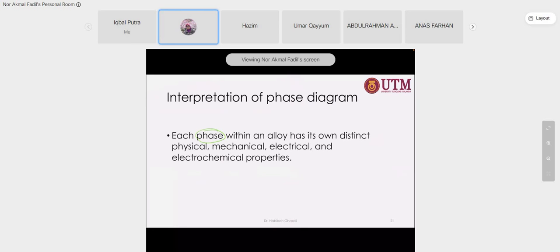So now, just now we have alpha. So this phase, okay, the solid solution phase, that was only one example of a phase. If there is more than one phase, each phase has its own physical, mechanical, electrical, and electrochemical properties.